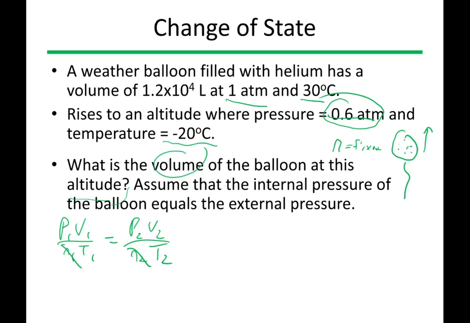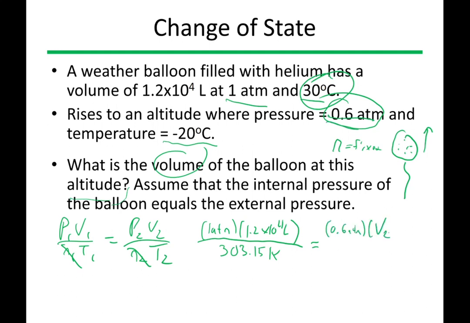So our initial pressure is 1 atmosphere. Our initial volume is 1.2 times 10 to the 4th liters. And our initial temperature is given in Celsius, but remember we have to convert these to Kelvin. So that's 303.15 Kelvin. And that's going to equal our final pressure.